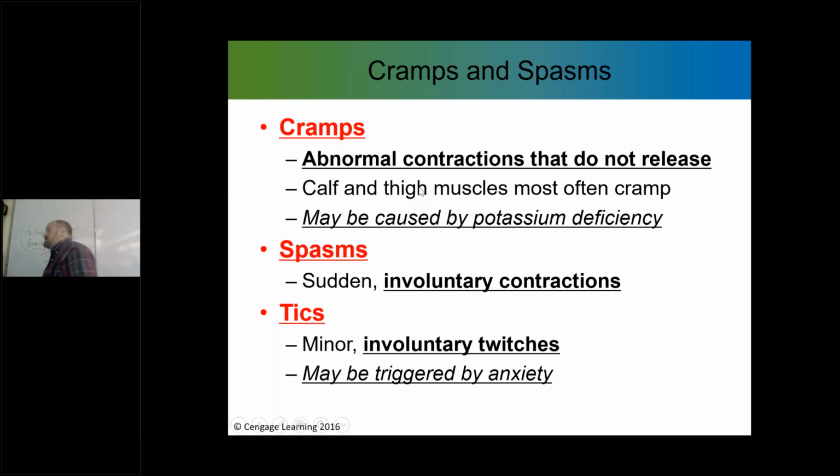How about cramps? Cramping can be as a result of a potassium deficiency. Remember I told you that bananas are one food that you can get potassium from? Having a deficiency of potassium can lead to these cramps. Have you ever laid in bed at night or watched TV on a couch, and all of a sudden you get a tightening of a muscle? In particular, the lower extremity is more prone to this.